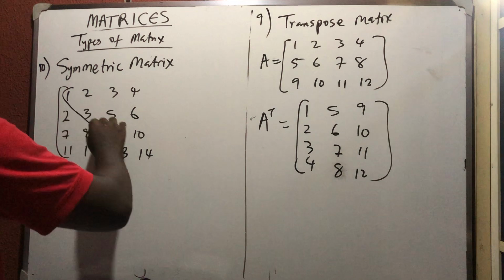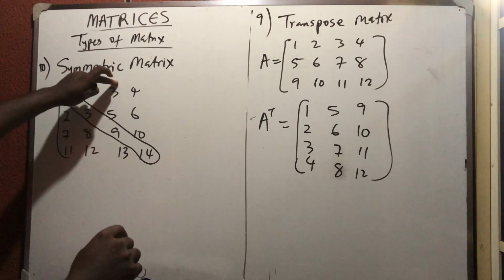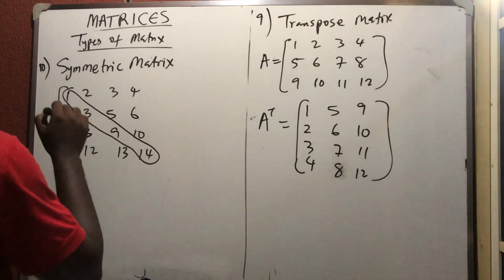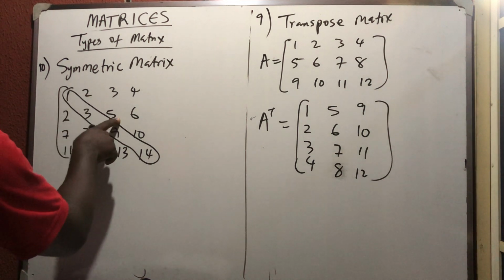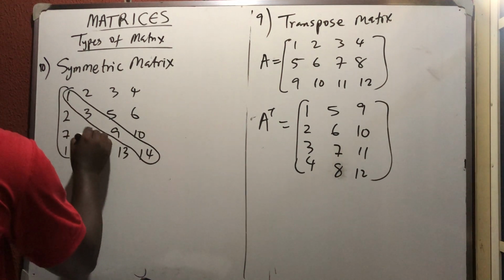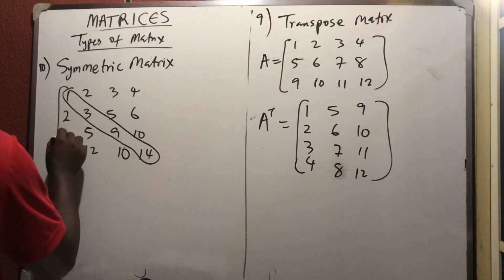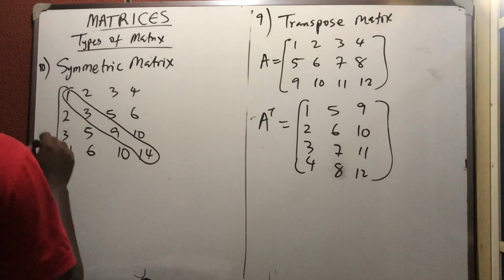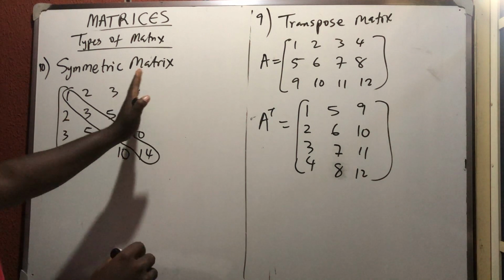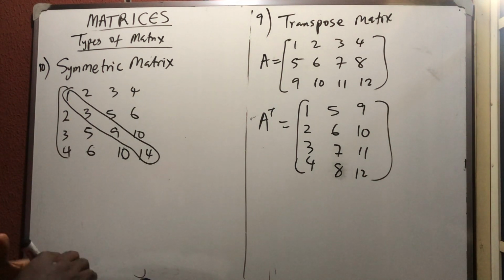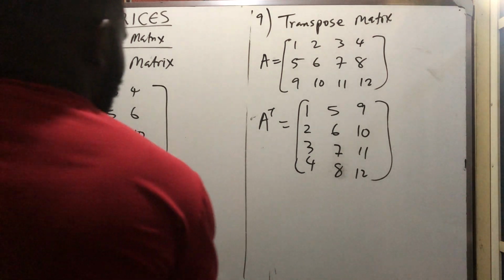This is my diagonal. Once you bring out your diagonal, 2 is here, so 2 must be here. 3 is here, so 3 must be here. 2, 5, 10; 3, 6; and then 4. You see, all the elements of the upper entry are the same as the elements in the lower entry. All must be in the same position. That is when we conclude that it is a symmetric matrix.